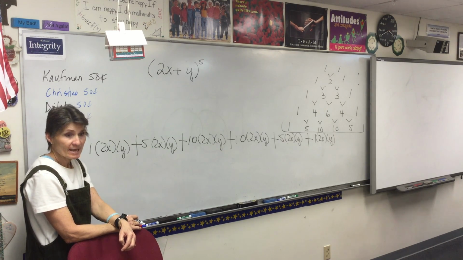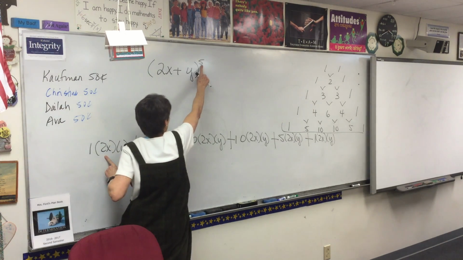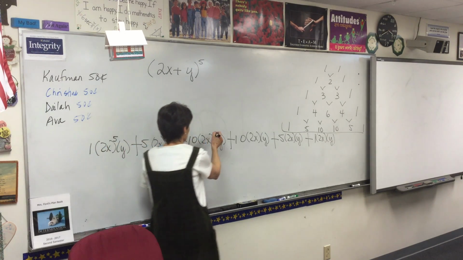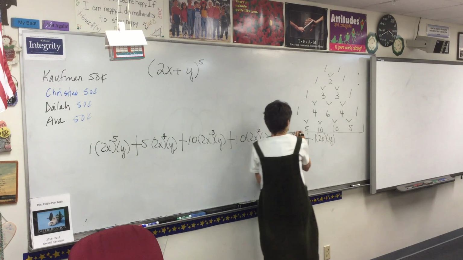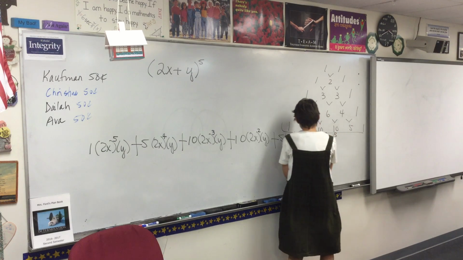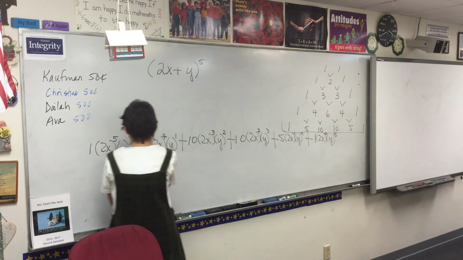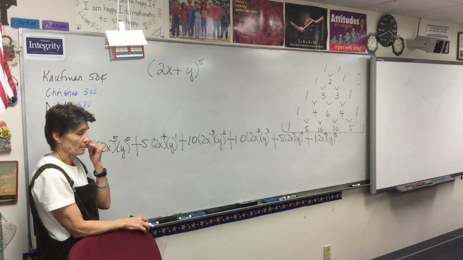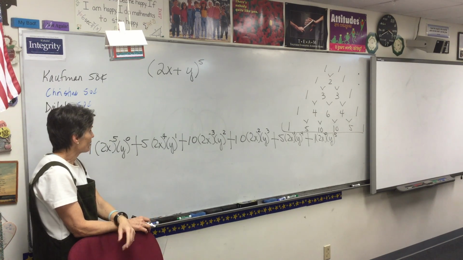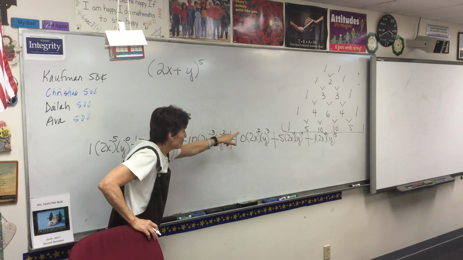The last thing is the exponents. I'm going to start with a 5 right here and count down. Remember, you should always end up at 0. And then the other way. Another little check: each pair adds up to 5.